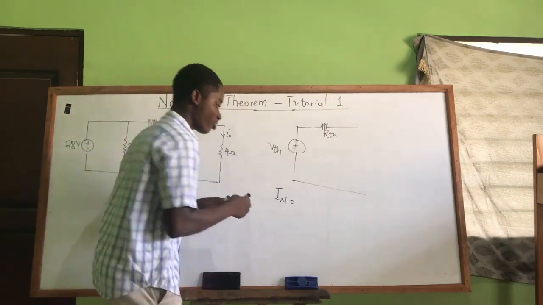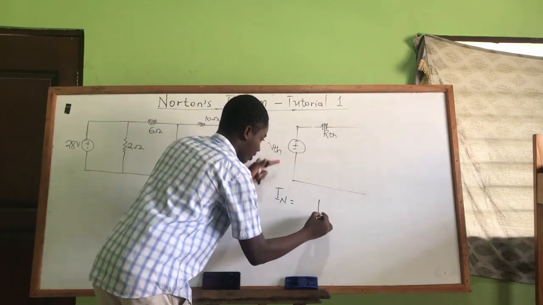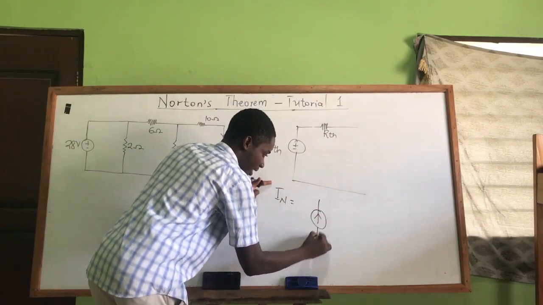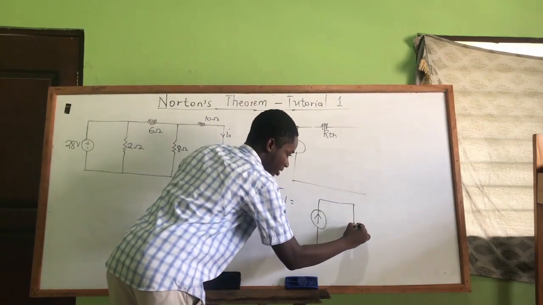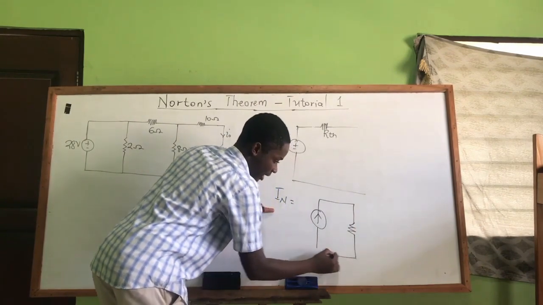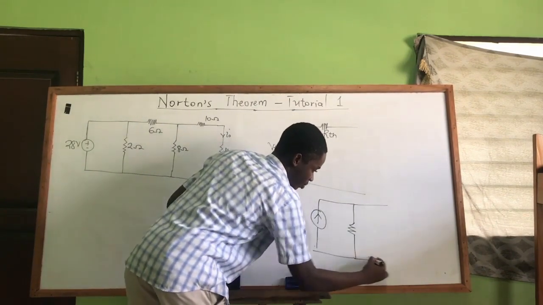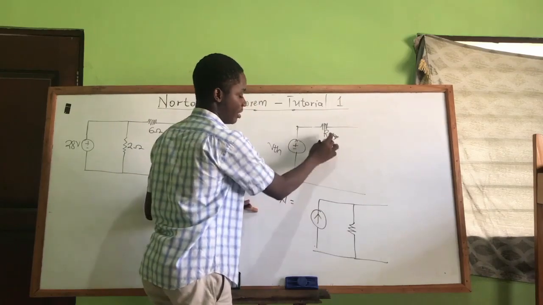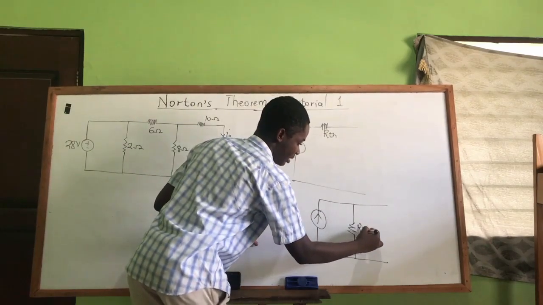So it means we are going to have a current source for this one, moving up. And that current source is going to be in parallel with the resistor. So we have this resistor being RTH.